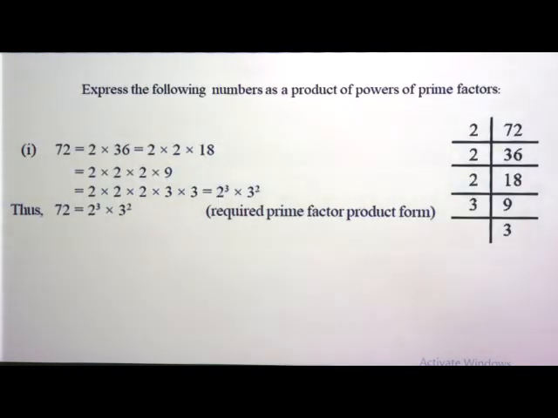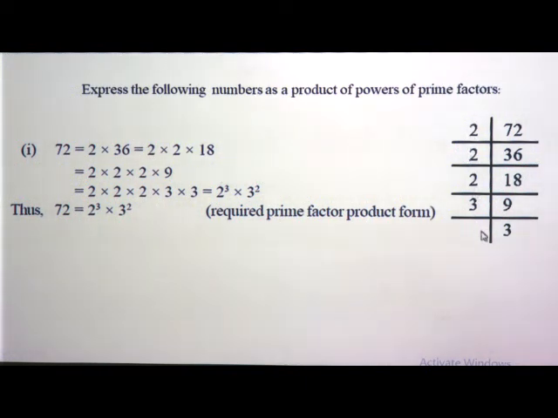Now, express the following numbers as a product of powers of prime factors. I told how to find the factors. It is the prime factors, you know prime factorization, which we already learned in the 5th standard.